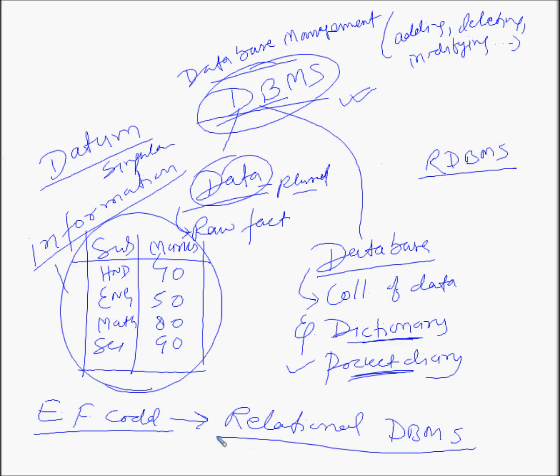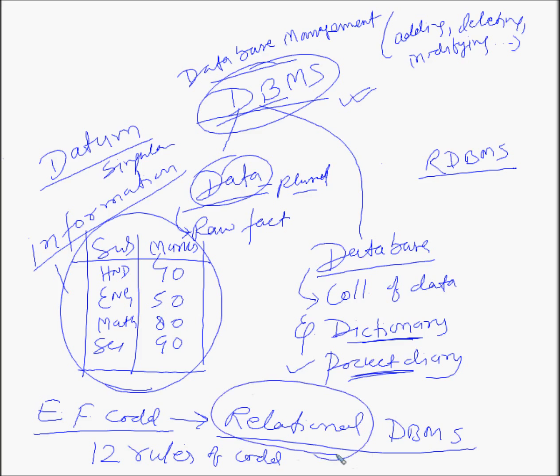Okay. And this guy has introduced 12 rules. So we call 12 rules of Codd, right? 12 rules of Codd. That is popular. So this guy has given the rule of relational database management.